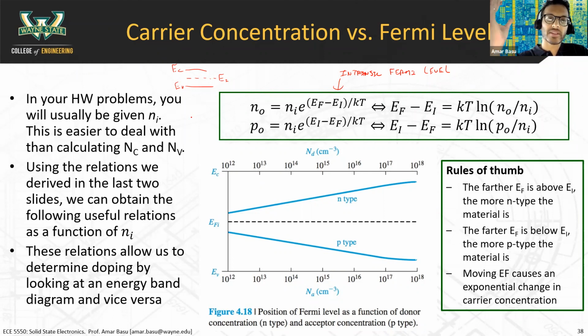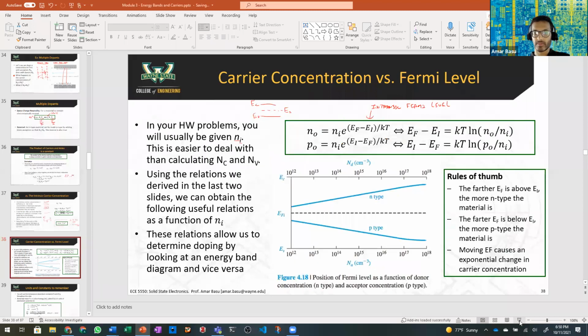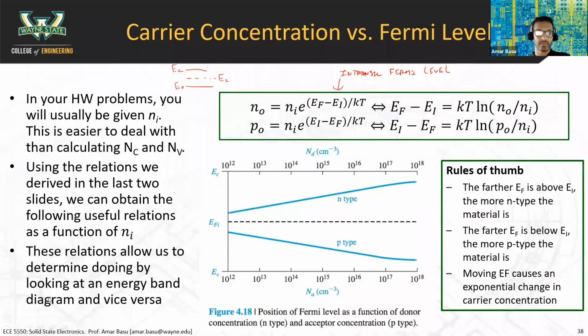It's 0.56 electron volts below E sub C, 0.56 electron volts above E sub V. So you look at where your Fermi level is in relation to E sub I, and then you divide by kT. kT is equal to 0.026 electron volts at room temperature.